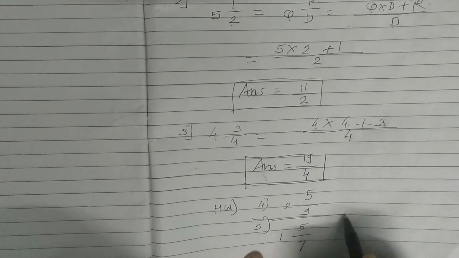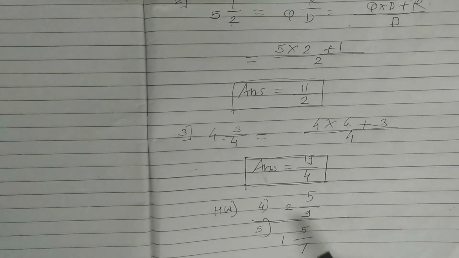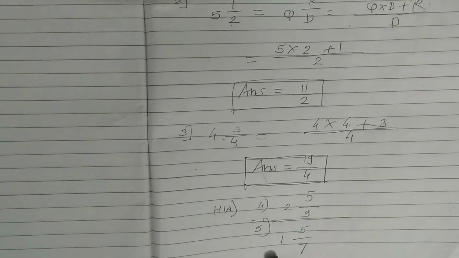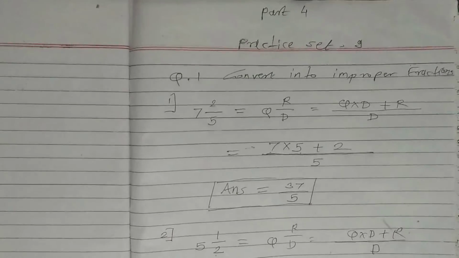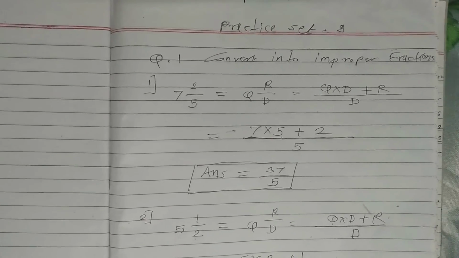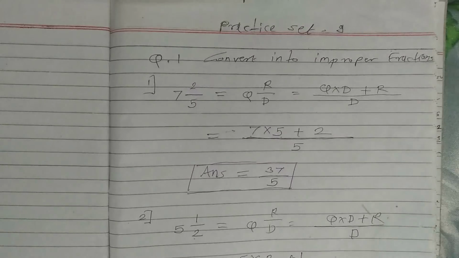So these 2 problems you will solve, students: 2 and 5/9, 1 and 5/7. So I hope you understand the proper way of conversion of mixed numbers into improper fractions. Hope all of you understand.